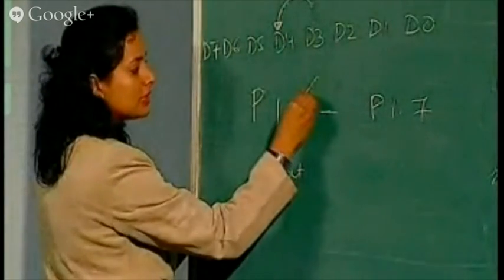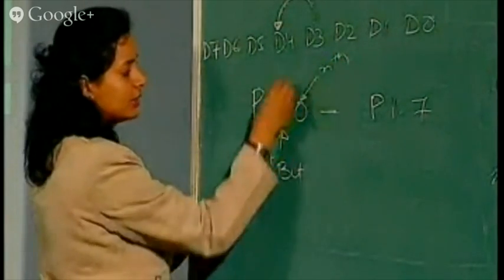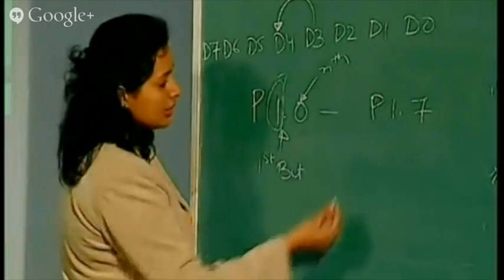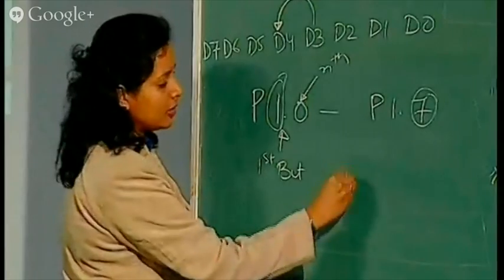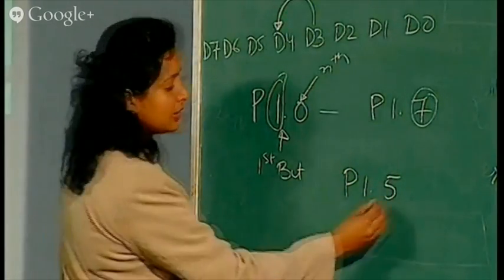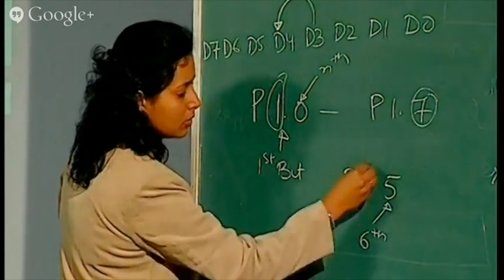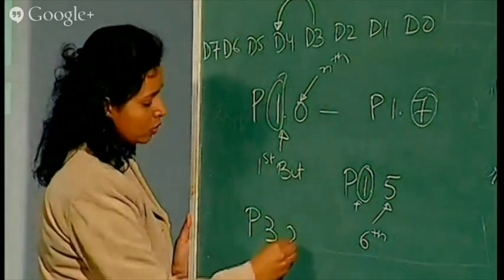So 0 represents the nth bit and this represents the port. And similarly this is the 8th bit of port 1. So if I write P1.5, what does it mean? This is the 6th bit of port 1. Similarly P3.2, what does it mean?